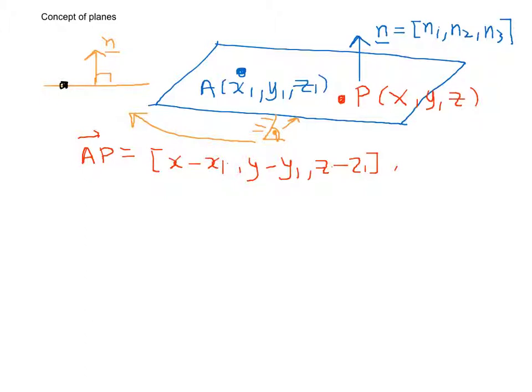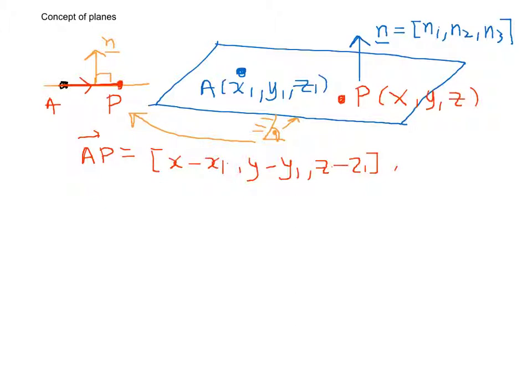You should actually realize this. If you use this diagram here, this illustration, P is somewhere here. This is A and P. If you form the vector AP, you realize that the vector AP and the normal are perpendicular to each other.